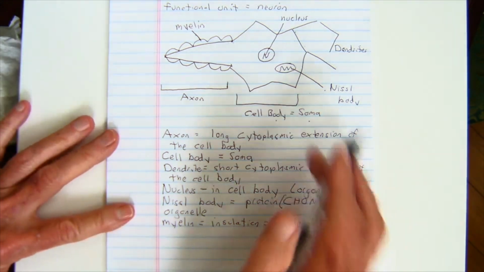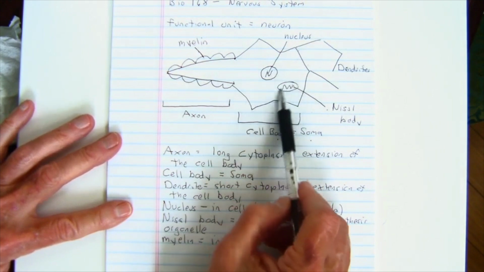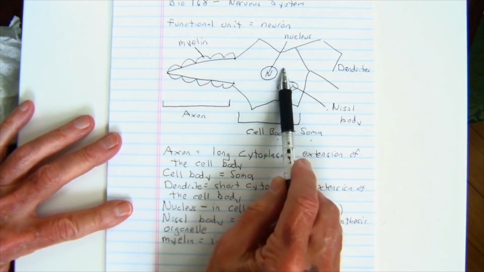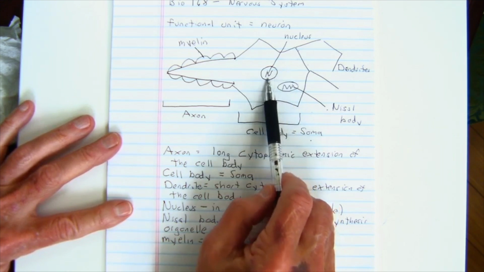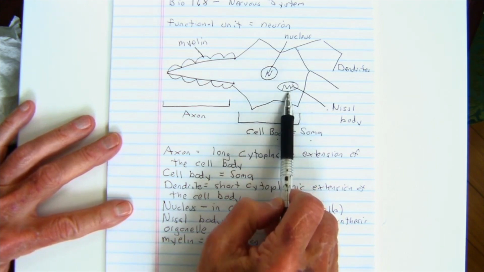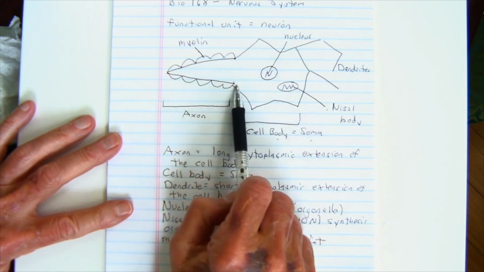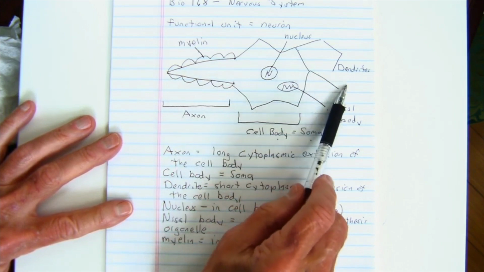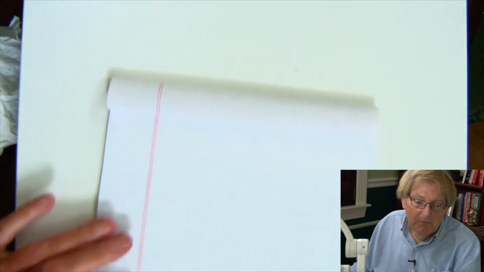So again, looking at the structure just very quickly, we've got a cell body, just like any other cell in the body has. That cell body's got certain structures. It's got the nucleus, which is an organelle on the inside, a nissl body for protein synthesis. It's got long extensions that are generally covered with myelin as insulation, and it's got short extensions that are called dendrites.